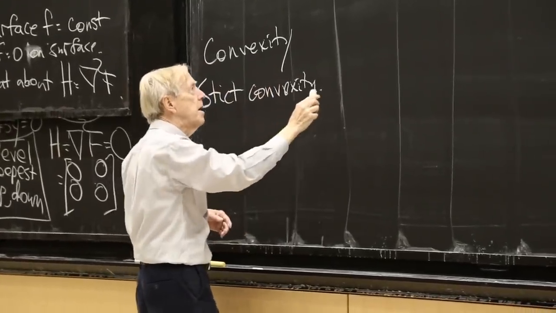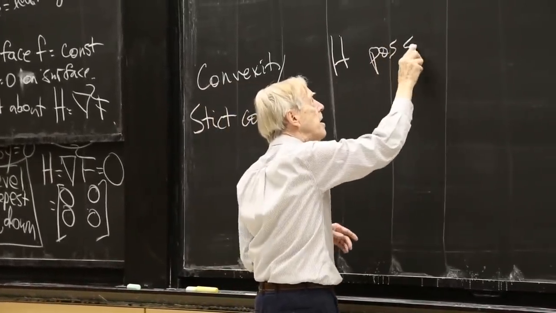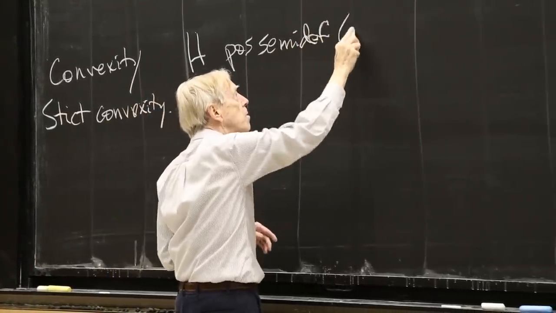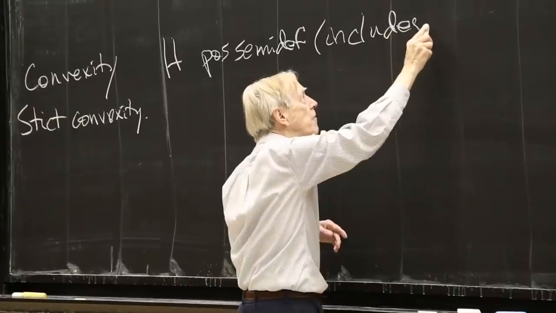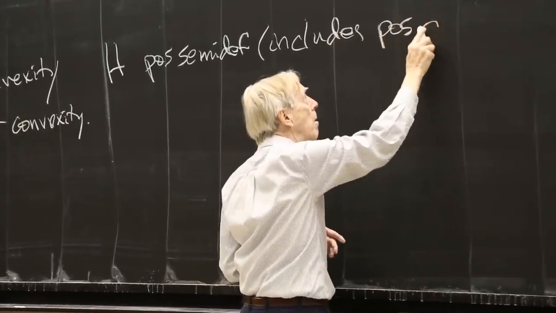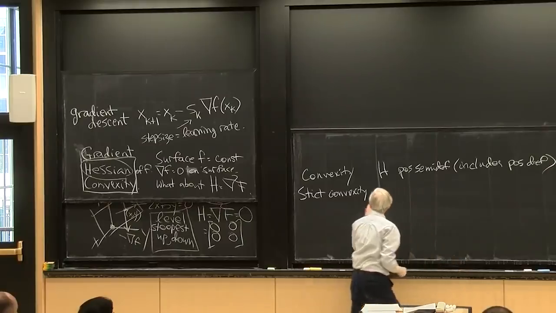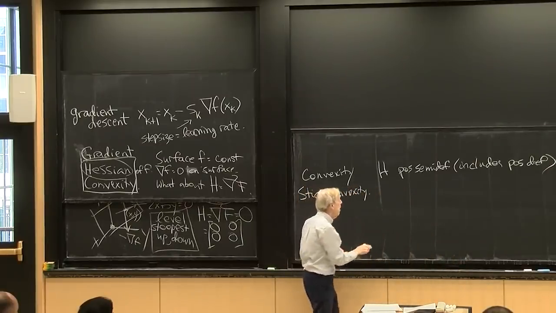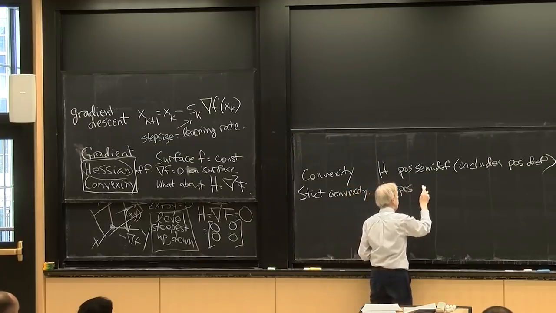Okay, so for convexity, the Hessian is positive semi-definite, which includes positive definite. And if I'm looking for strict convexity, then I must require positive definite. H is positive definite.